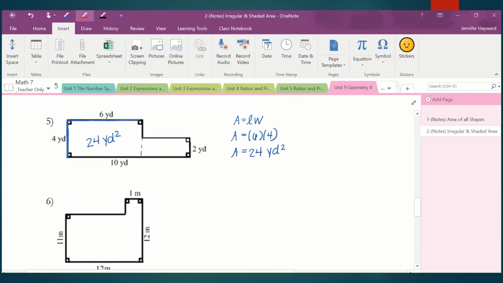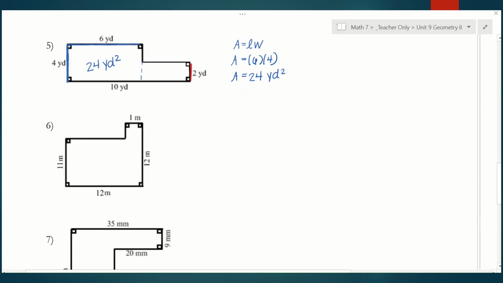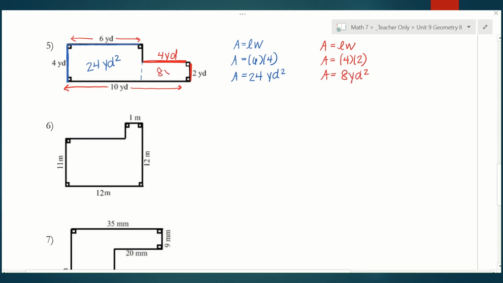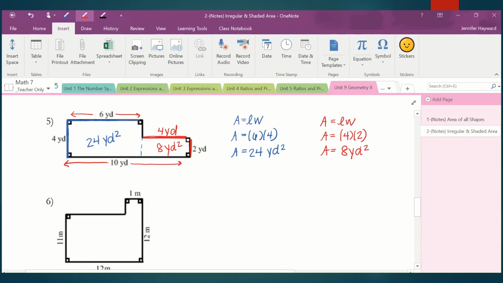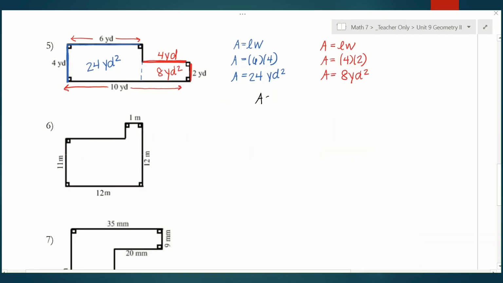Okay, and then for the other rectangle, I could see the width was 2, but in order to get the length here, I had to realize that this entire thing was 10, and this was 6, and so 6 plus what gives me 10? This would have had to be 4. So for my other rectangle, my length times my width was 4 times 2, which is 8. Okay, so to get my total, I would have added 24 plus 8 to get 32 yards squared.